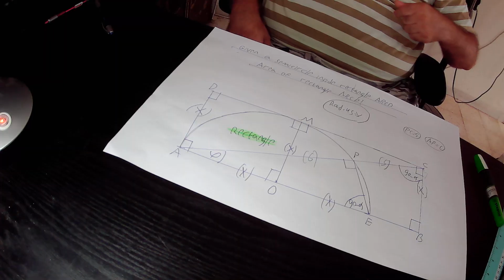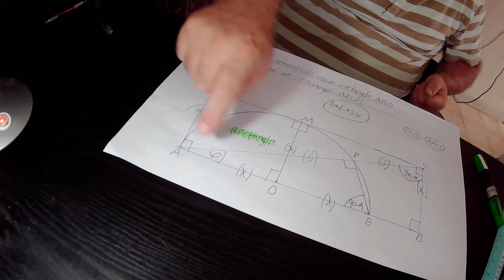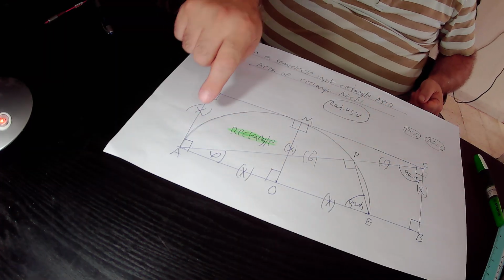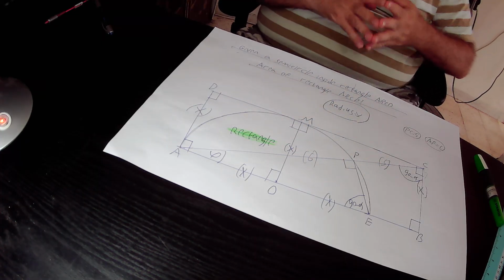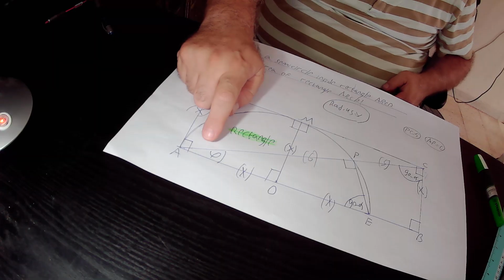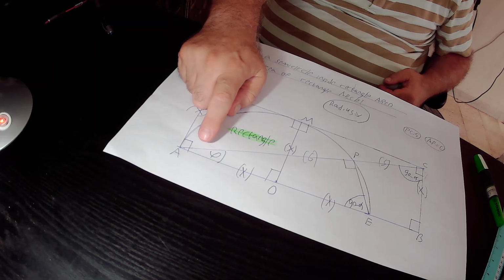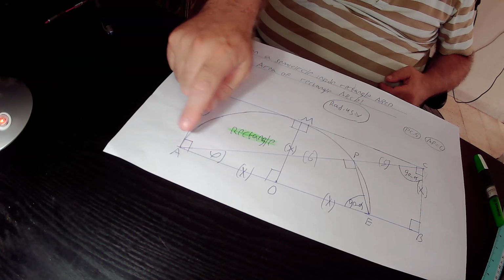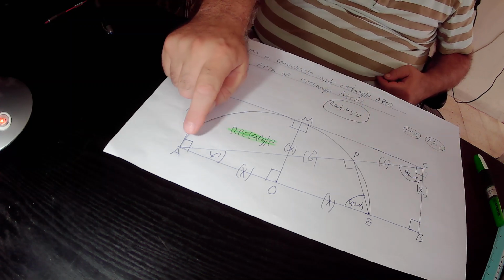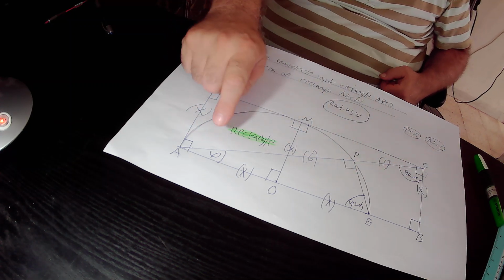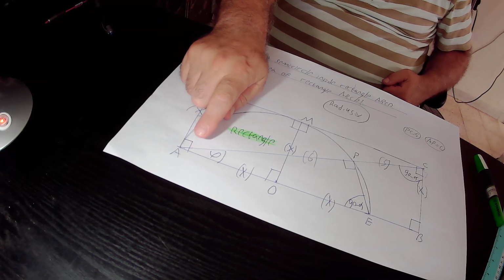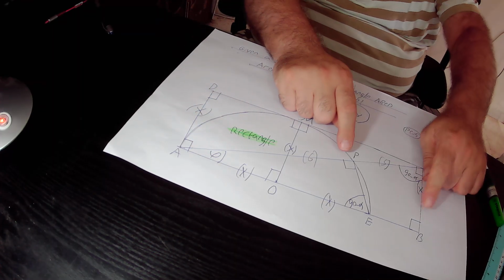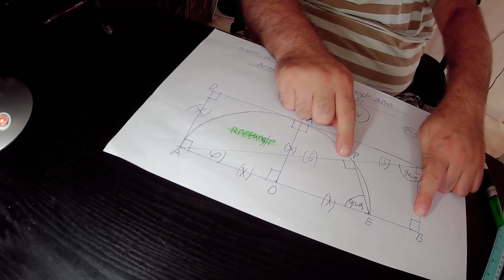In the next step, we prove that the big right triangle ABC is similar to this small right triangle APE. So why are those two triangles similar to each other? First of all, this is angle A, that is a common angle that belongs to both triangles. Angle A belongs to the big right triangle ABC, and angle A also belongs to the small right triangle APE. Likewise, those two angles are both equal to 90 degrees, therefore they are equal to each other.